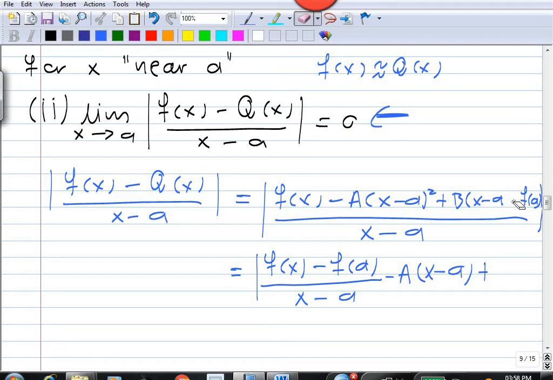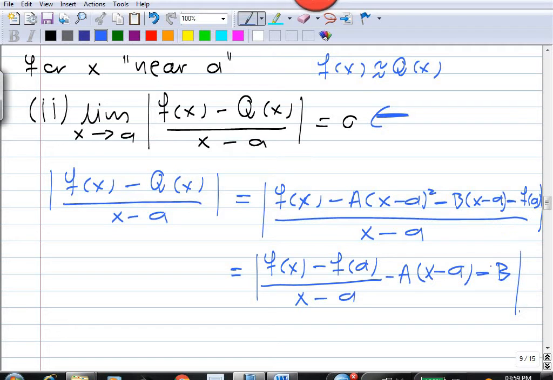The signs are wrong there. Minus, and then there we have a minus again. So f of x minus q of x over x minus a is f of x minus a squared minus b x minus a minus f of a.